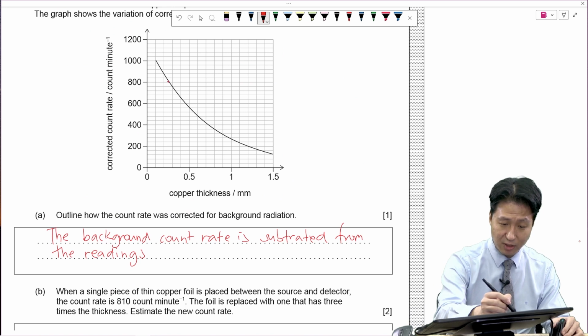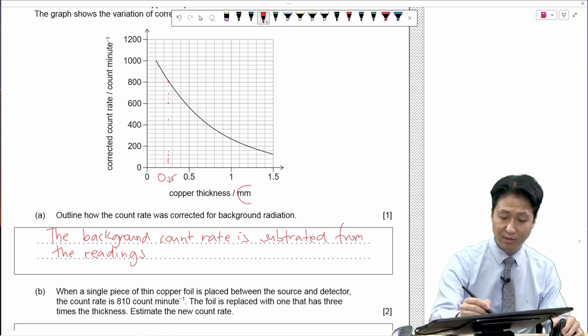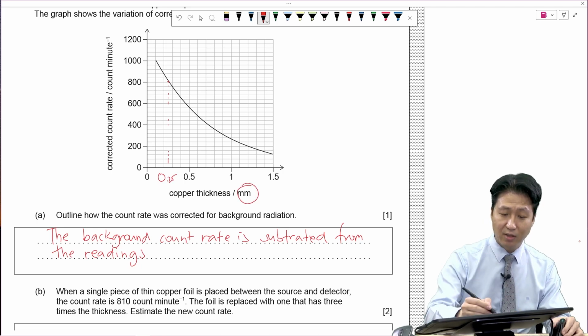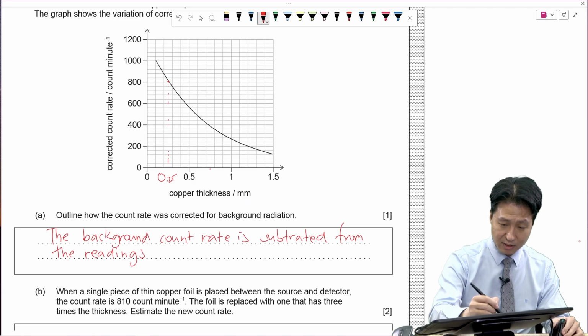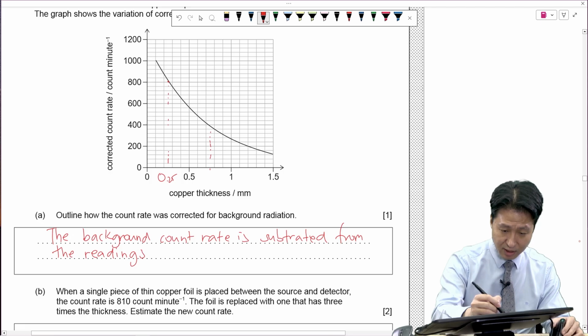So it must be somewhere around here, which we can estimate to be 0.25 millimeters. We go to 3 times that thickness up here, and it will be somewhere around 300 and let's say 80.